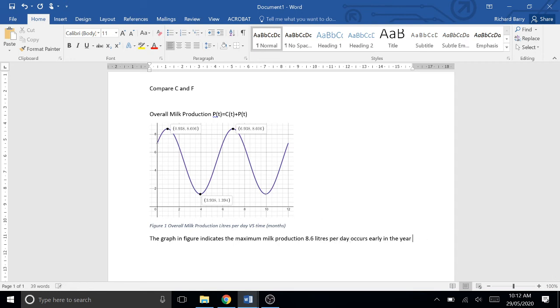Early in the year, towards the end of January.